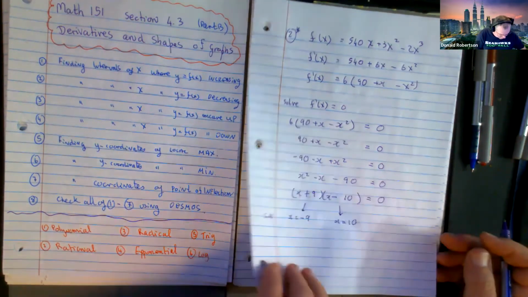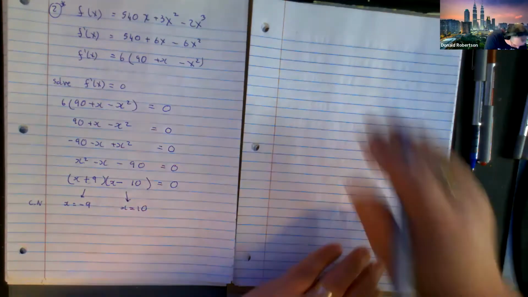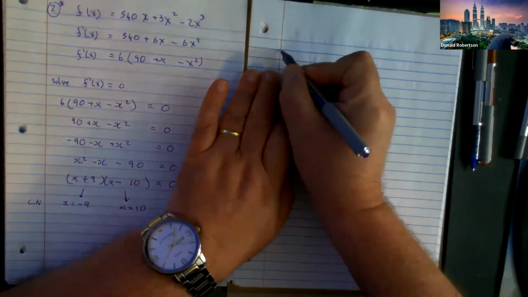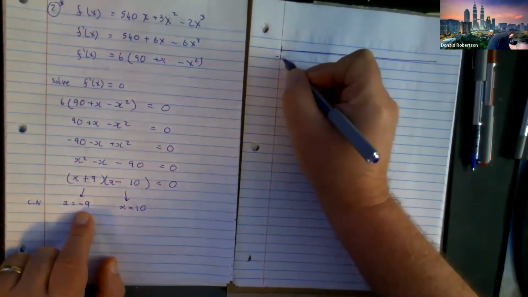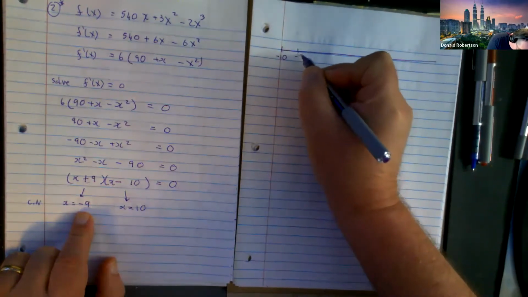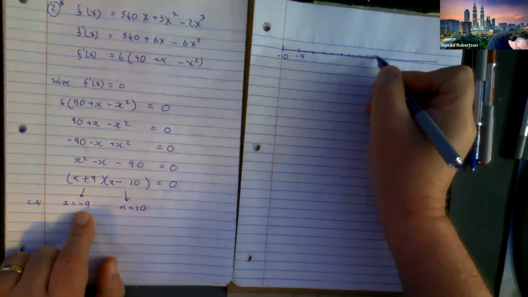What we're now going to do is find out when the function is increasing and decreasing, and the local max and mins while we're at it. So I draw a number line. I need to go at least to -9, so I'm going to have a -10 here, then -9, 8, 7, 6, 5, 4, 3, 2, 1.